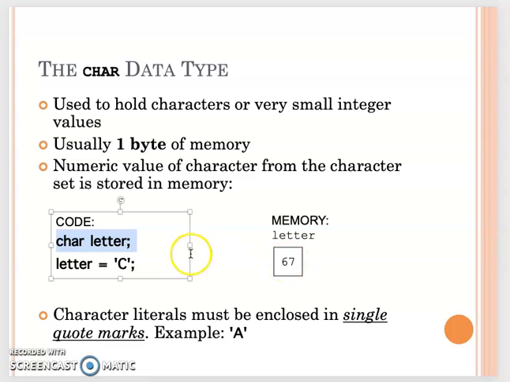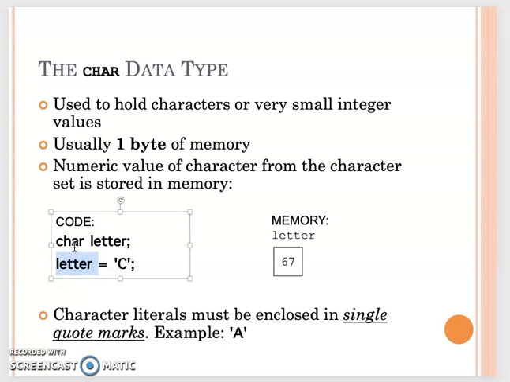Actually, it occupies this 1 byte, but the value there is whatever was assigned before. So after you declare this letter variable, we have assigned 1 byte in the memory. Afterward, we can assign a value to this letter.